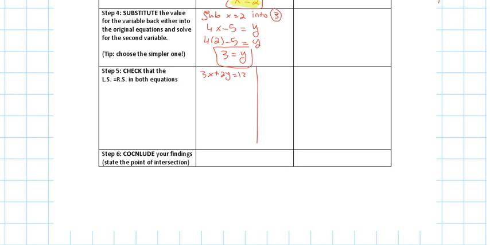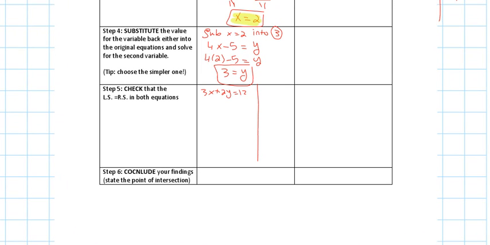What am I going to plug in for y? 3. So let's do that. 3 times 2 plus 2 times 3 equals to 12. What's 6 plus 6? 12. So 12 equals to 12. That's a check mark, right? Because left side equals to the right side. That means my work is right so far.